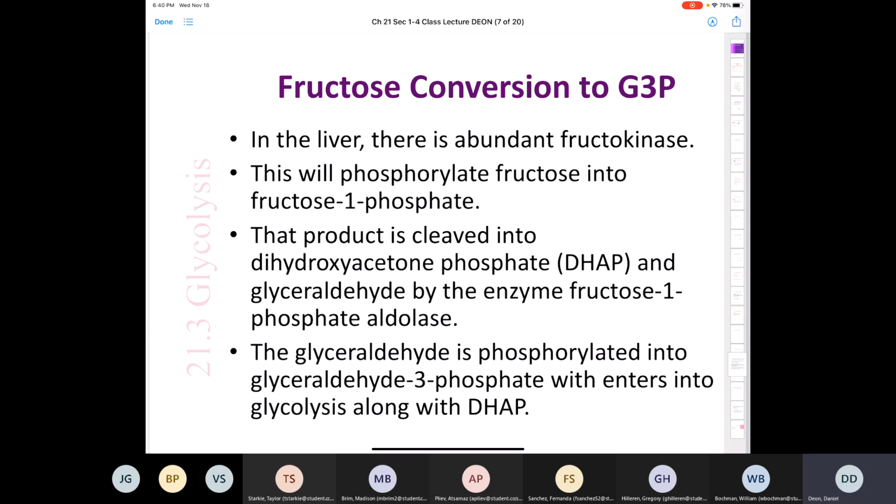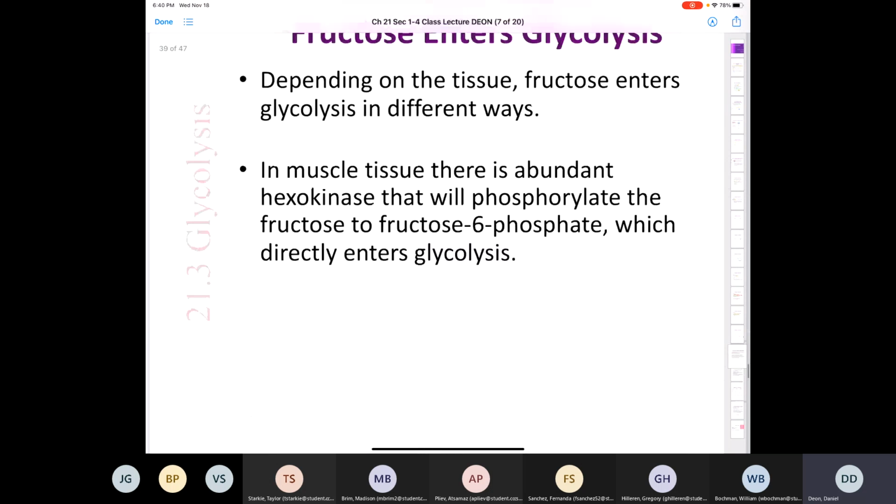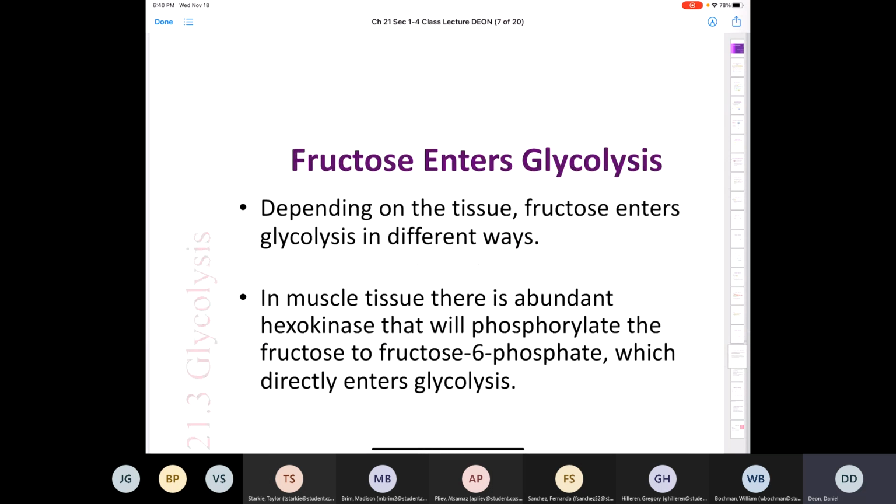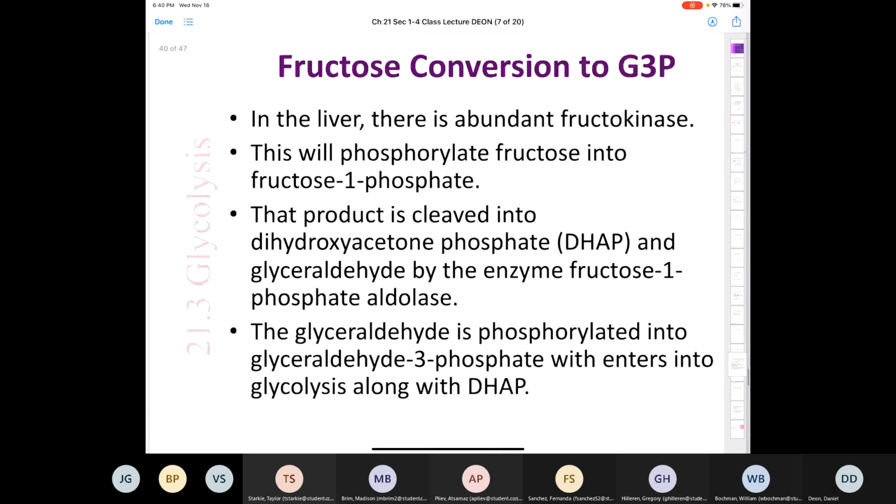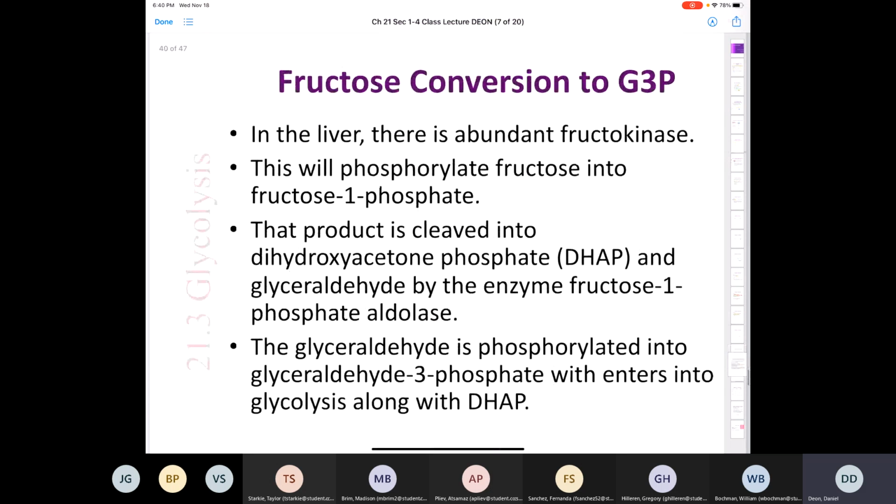So again, it depends. If it's in the muscle, it's going to get phosphorylated directly by hexokinase to F6P, and you're off to the races. That was one of the intermediates of glycolysis that we looked at already. If it occurs in the liver, a different enzyme, fructokinase, converts it into this intermediate F1P. Then it gets broken apart into DHAP and glyceraldehyde.